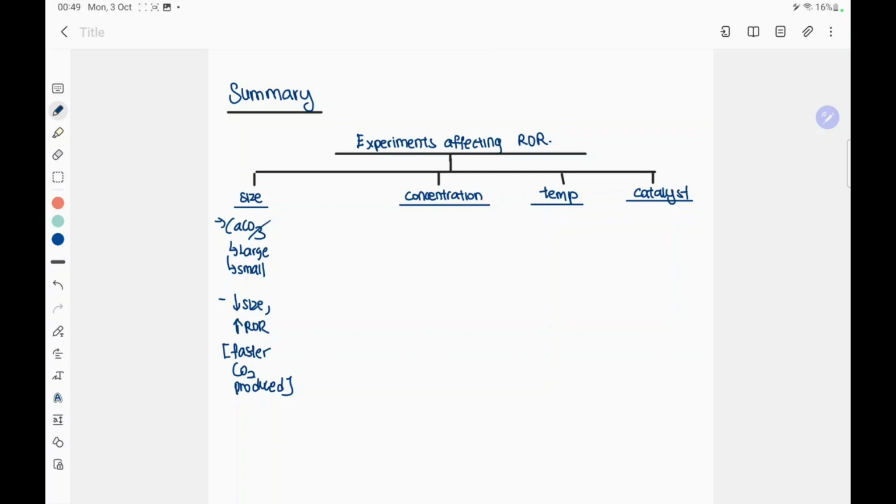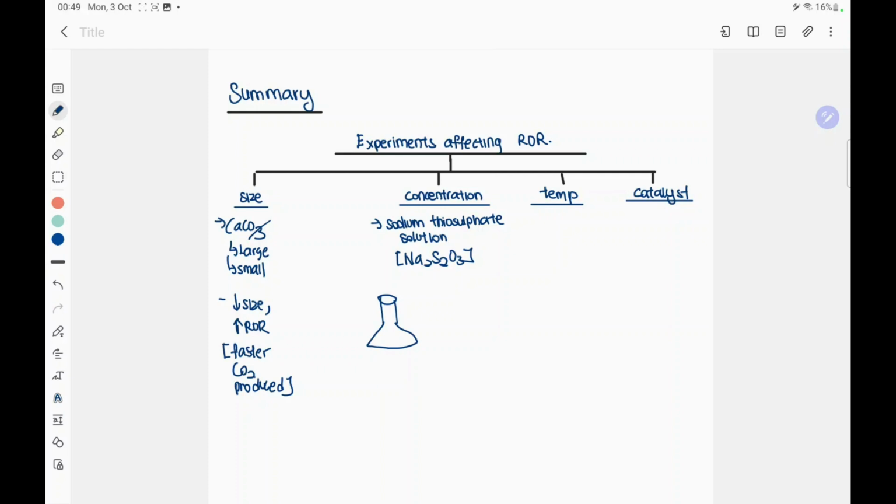And the second experiment that we discussed just now is about the concentration of reactants. The reactant that we're using is the sodium thiosulfate solution, Na2S2O3.